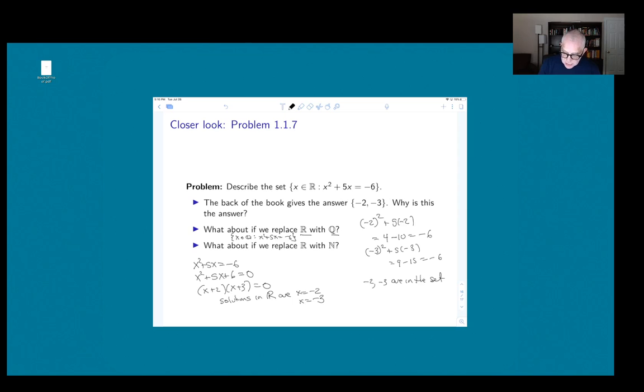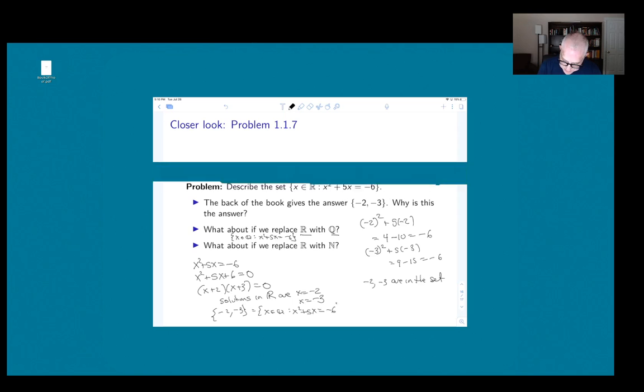So both of these solutions are rational numbers, so they both belong to this set, and there can't be anything else, because if there were others in the rational numbers, they would be in the real numbers, and we already ruled that out. So minus 2 and minus 3 is again the answer for the set of x in the rational numbers if x squared plus 5x equals minus 6.